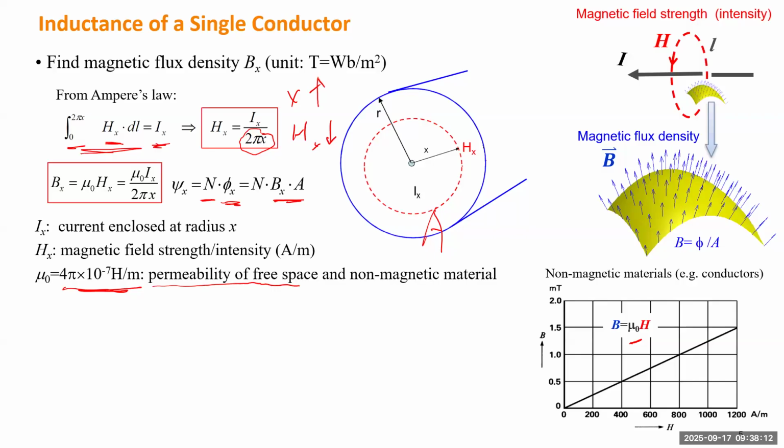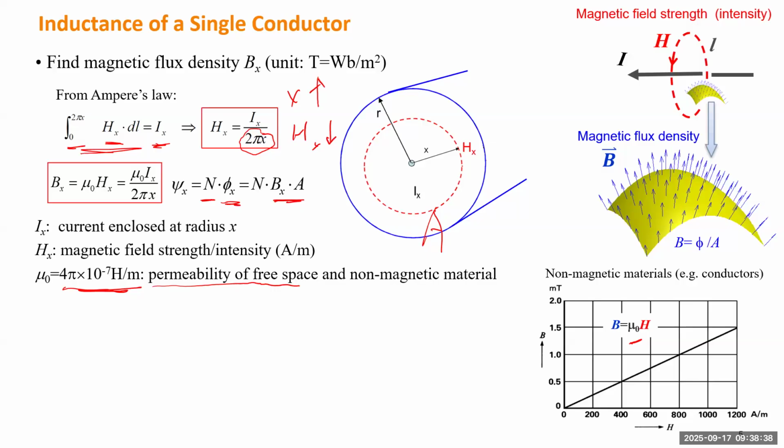N here is just the number of turns. If you have a wire, maybe there are many turns of the wire coupled with the current, and you just count how many turns. It's similar to the transformer. On each leg, you have many turns of the wire. So N1 by N2 will be equal to V1 by V2, right? That's the formula we use.